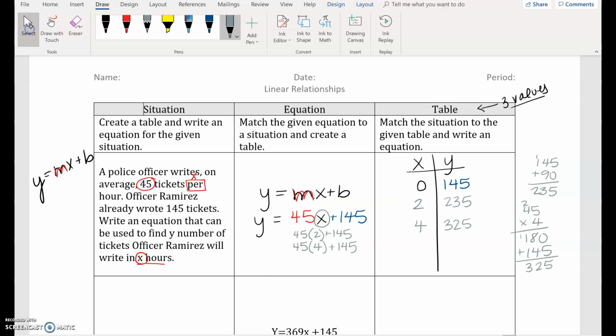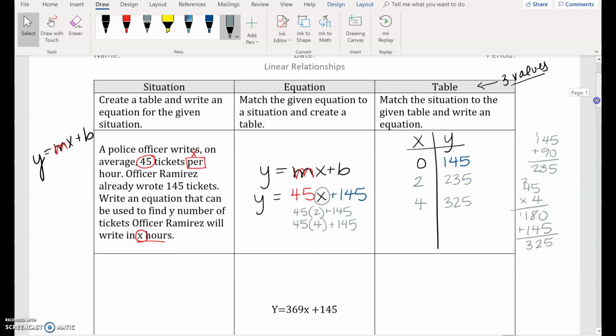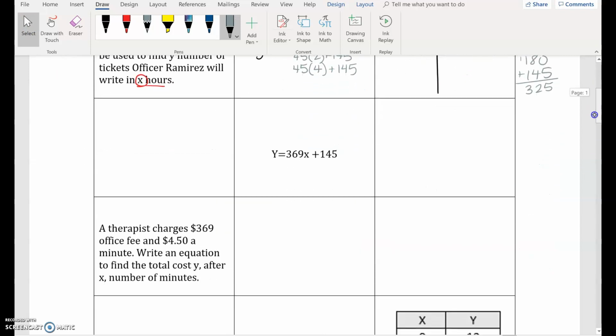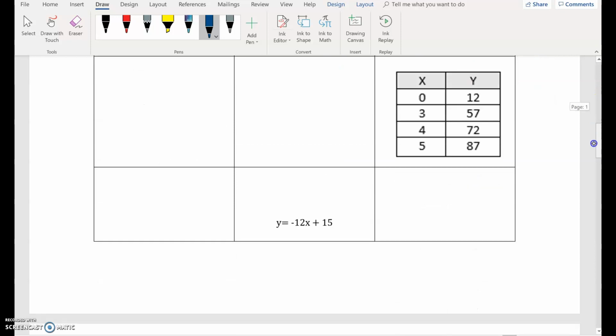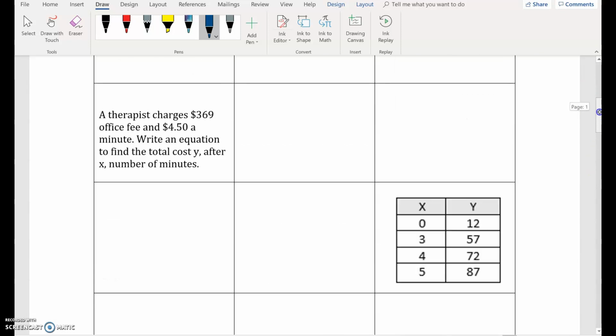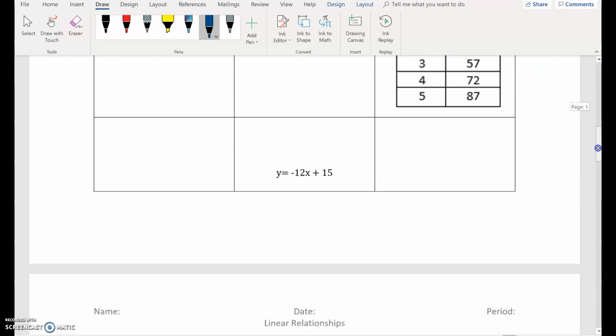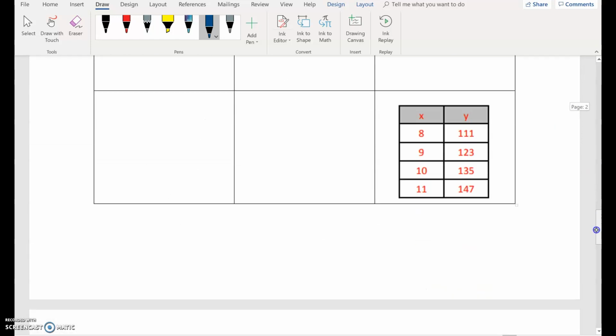Now, on the second one, it gives us the equation, so we need to go find our scenario. In this situation, we're multiplying 369 and we're adding 145. Okay, so let's go look at these scenarios. I need to be multiplying 369.